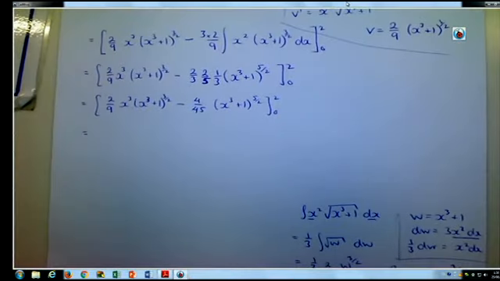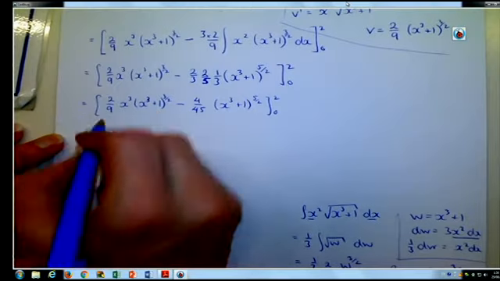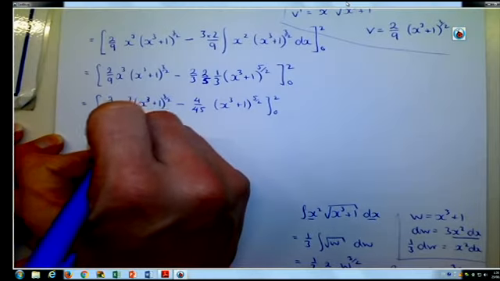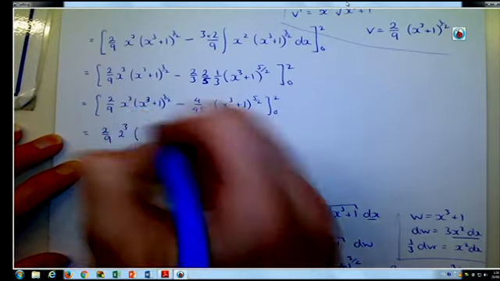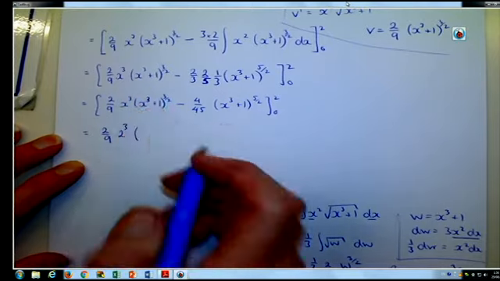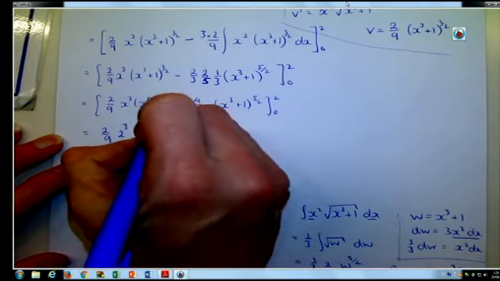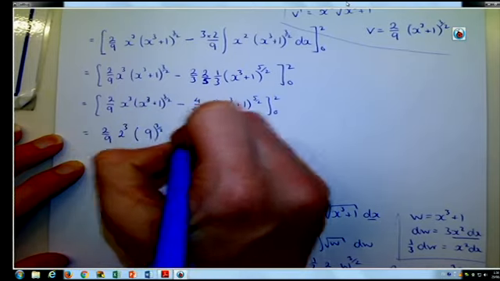Alright. So now that we've done the integral, now we can stick in our bounds. Alright, put in the 2. Two times 2 times 2 is 8, plus 1 is 9.